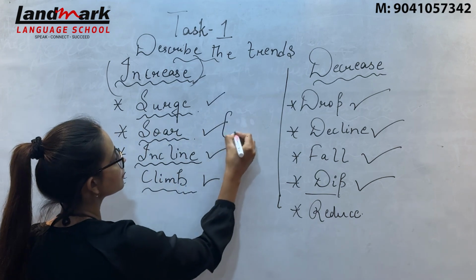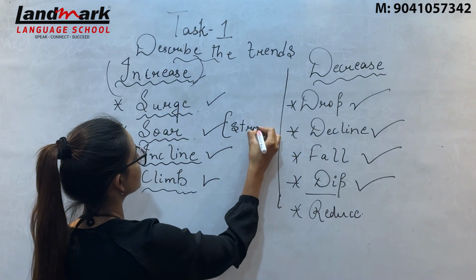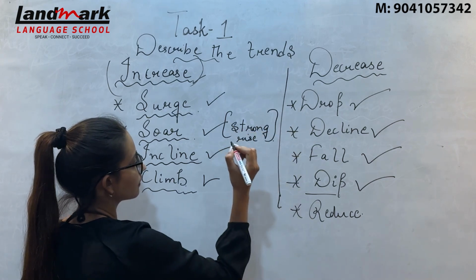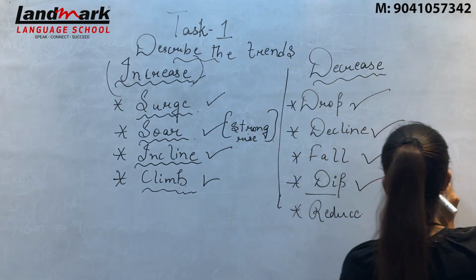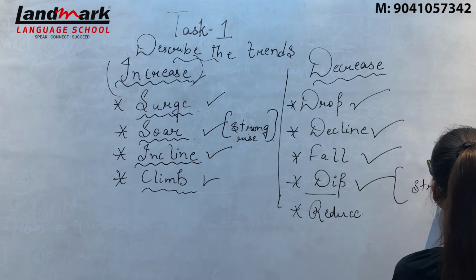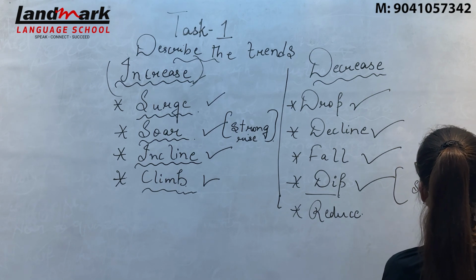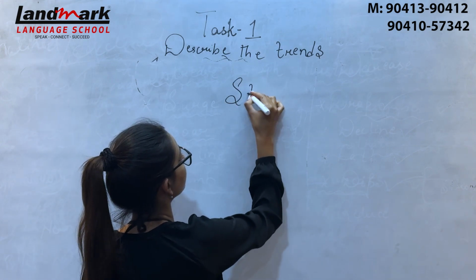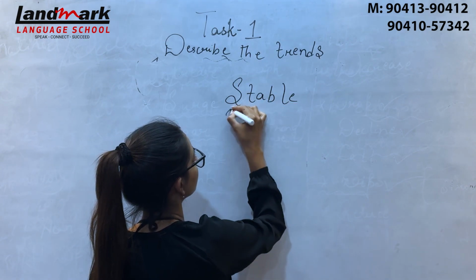When there is a strong rise, we will write soar. And whenever there is a strong decline, we can write dip.